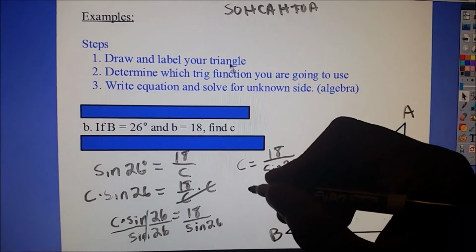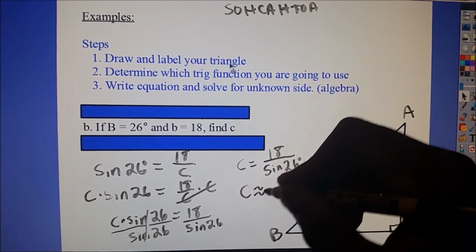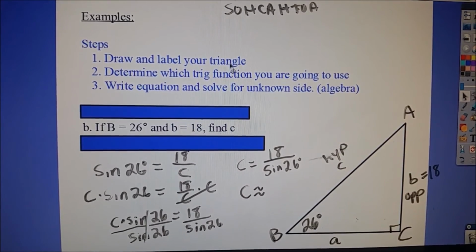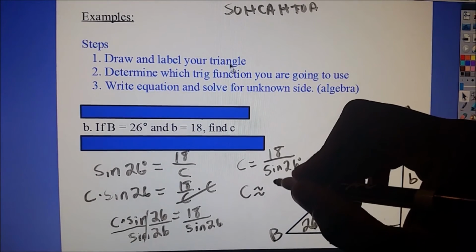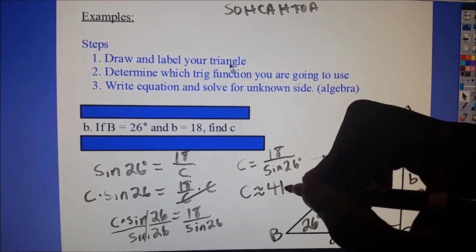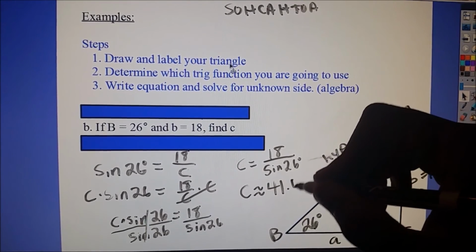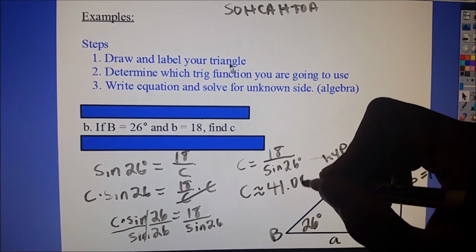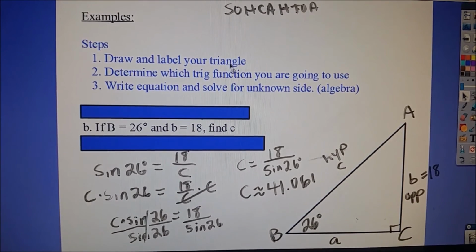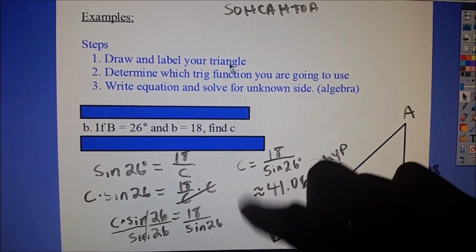So c will approximately be 41.061. That's a little tiny c.